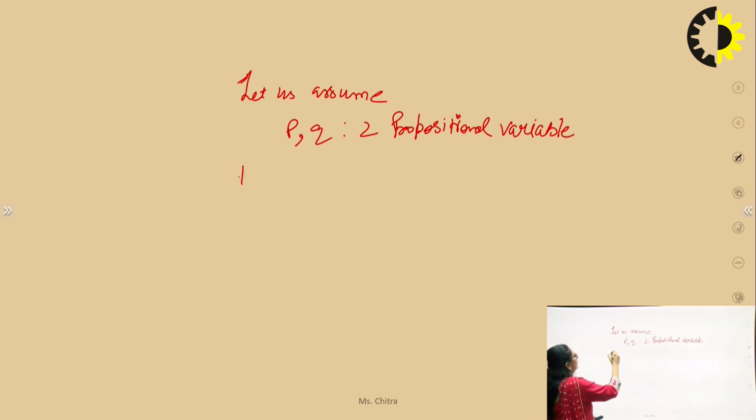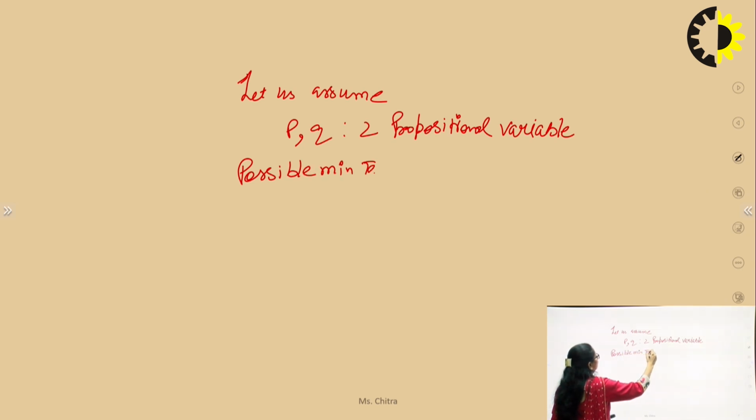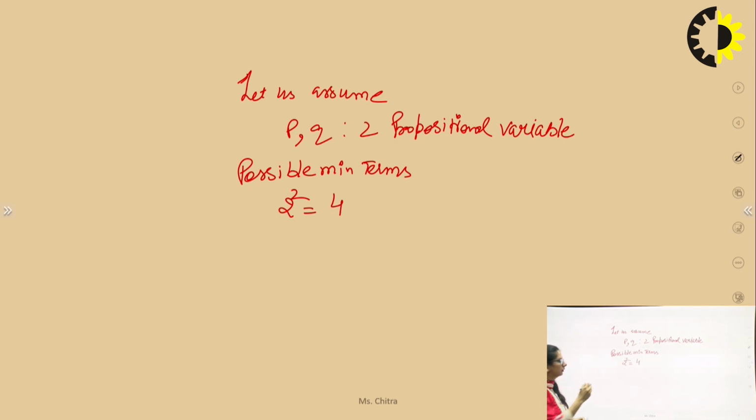Then the possible minterms will be 2 raised to the power 2, that is 4, and the possible max terms are 2 raised to the power 2, again 4.